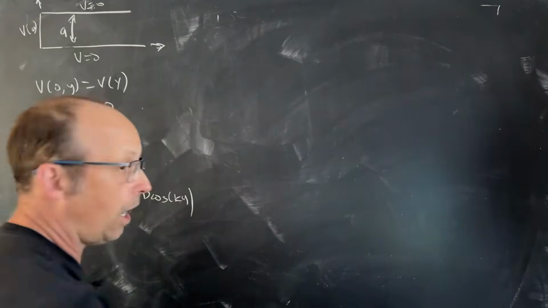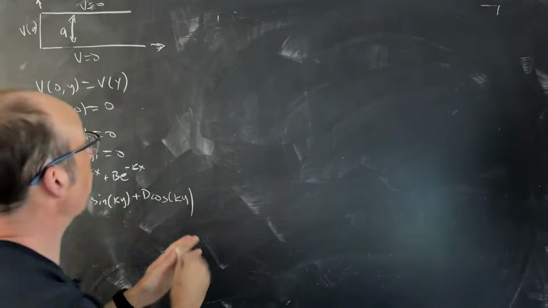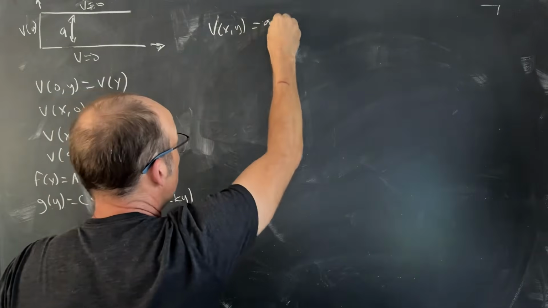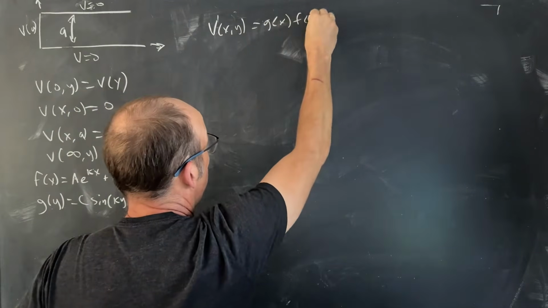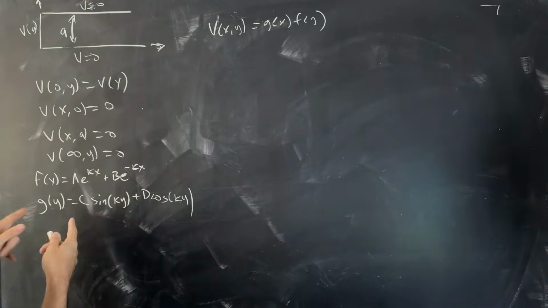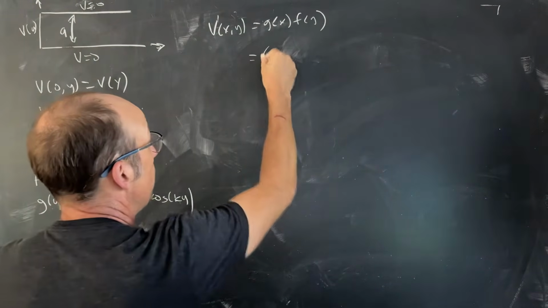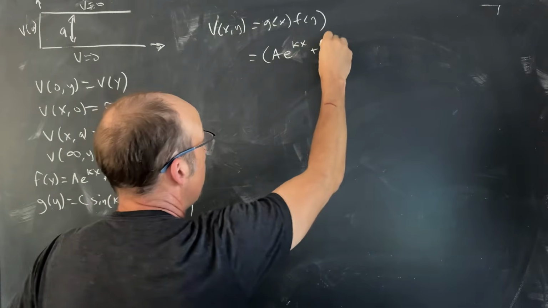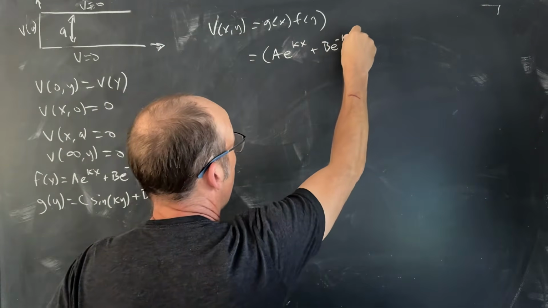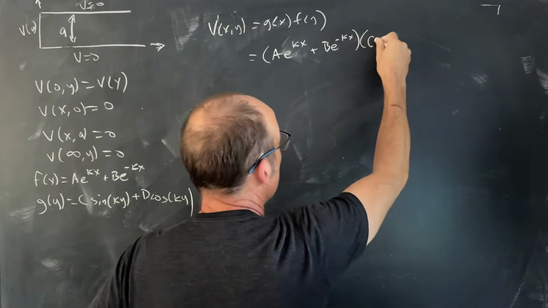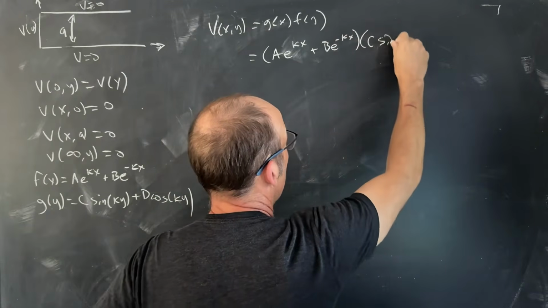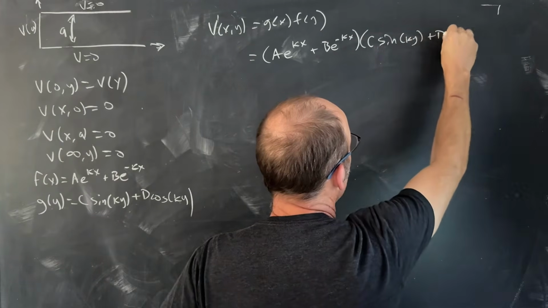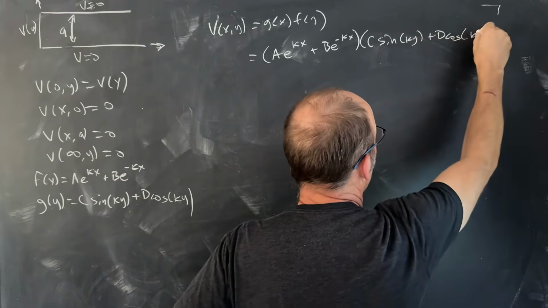Okay, so now that I have these, remember I had v of x and y was equal to g of x times f of y. Well, I have g of x, I have f of y, so that means this is going to be equal to a e to the kx plus b e to the negative kx times c sine ky plus d cosine ky.